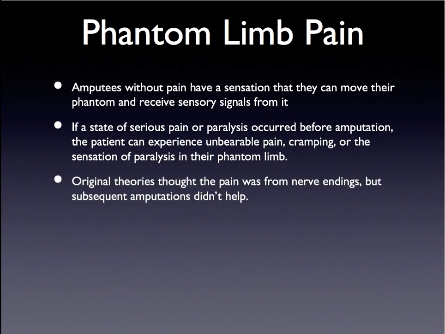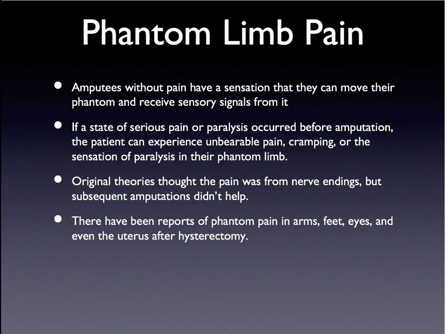The original thought was that it came from the nerve endings, but you could amputate further up the arm, all the way up to the shoulder, and it didn't seem to help. And that's because, of course, the sensation of pain is in the brain. This happens for other limbs. You have phantom arms, feet, eyes, even phantom uterus after hysterectomy. So women could experience phantom menstrual cramps, even though they didn't have a uterus.